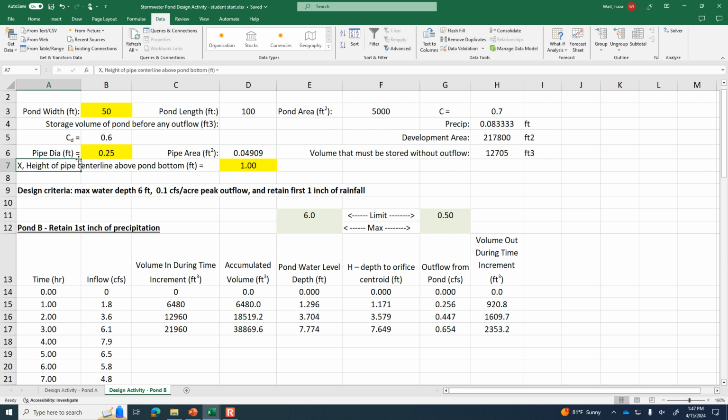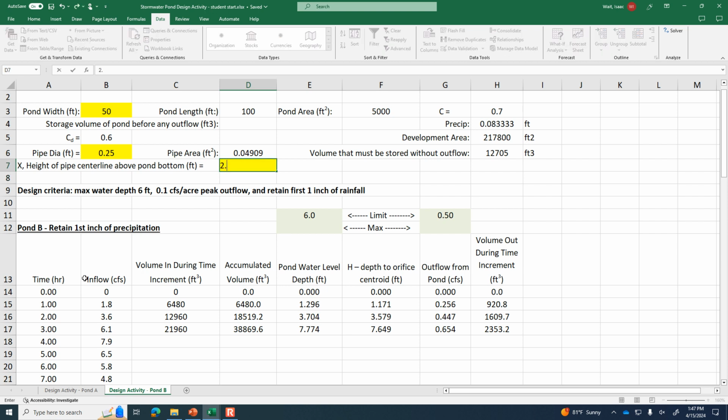But let's say we're going to take the centroid up 2 feet. So we want to have 2 feet for the center line. So if we have 2 feet of depth from the bottom of the pond to the bottom of the pipe, and then the pipe diameter is 0.25, then half of that is 0.125, so that would be 2.125.